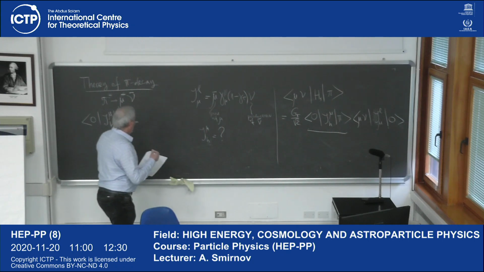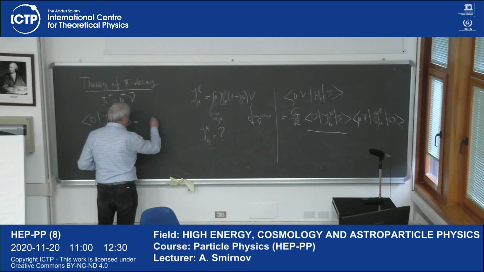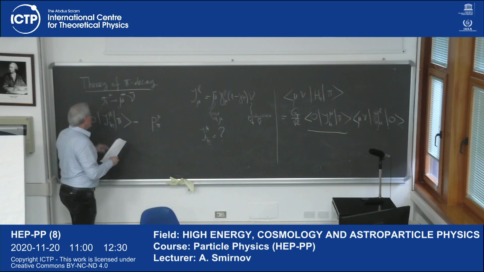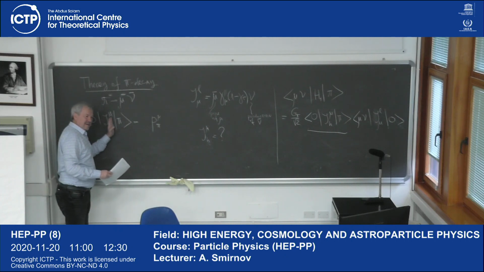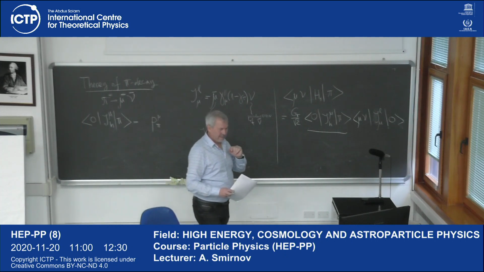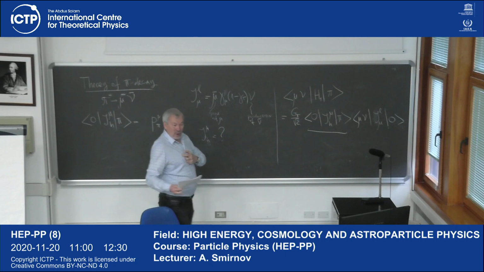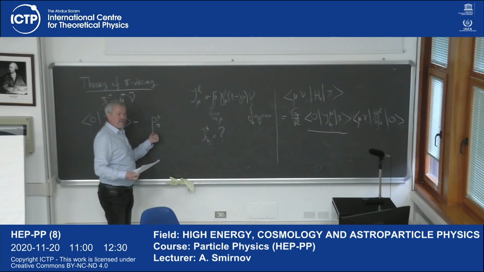So the only vector which we have in the problem is the momentum of the pion. So even not knowing anything here, just from Lorentz covariance, since here we have a 4-vector, then on the right hand side it should be a 4-vector, right? And therefore, the only thing I can write is the momentum of the pion.